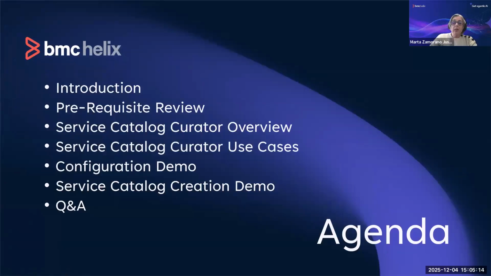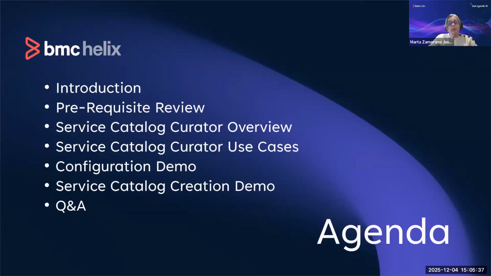We will complete the following steps for a correct configuration. First, we will review the prerequisites to ensure your environment complies with the technical requirements. Then we move to the Service Catalog Curator overview, explaining the capabilities and the use cases.